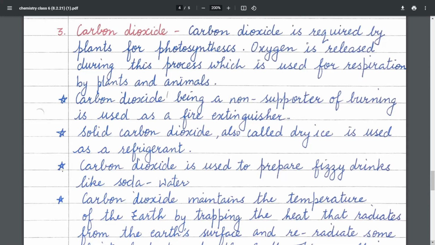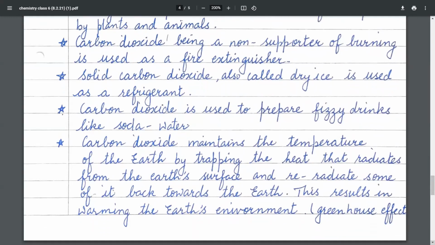Carbon dioxide, being a non-supporter of burning, is used as a fire extinguisher. Solid carbon dioxide, also called dry ice, is used as a refrigerant. Carbon dioxide is used to prepare fizzy drinks like soda water.